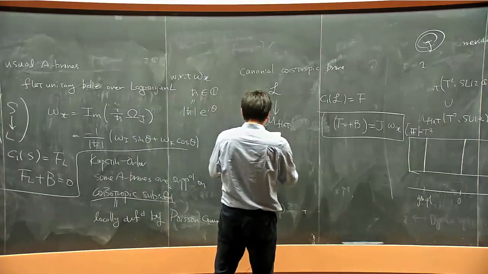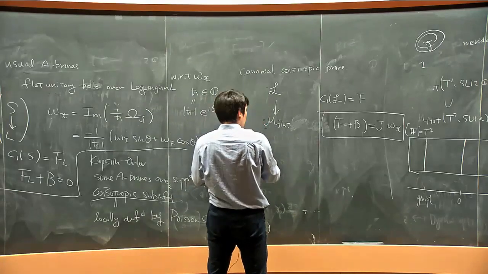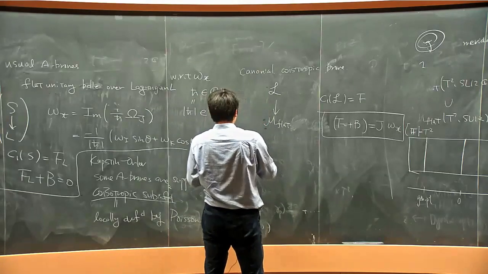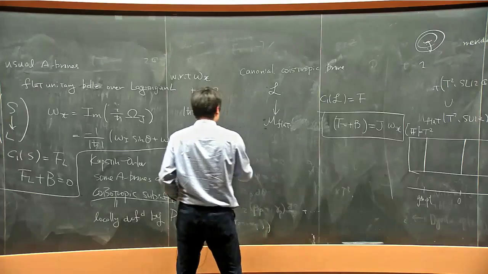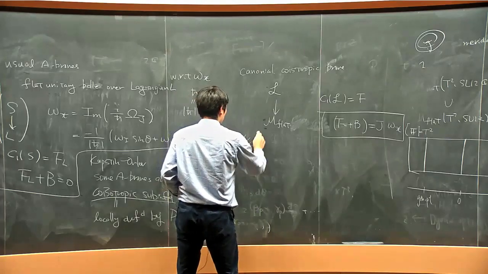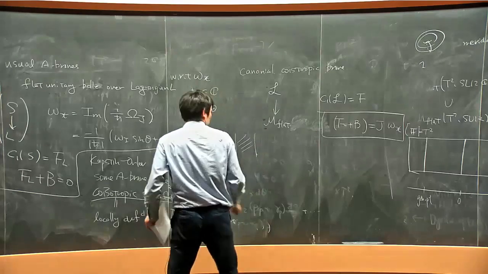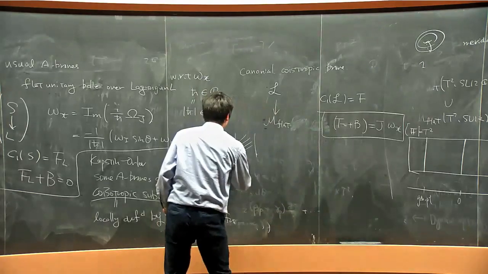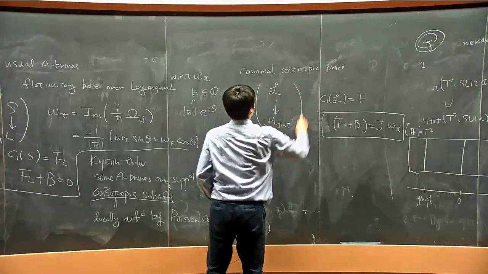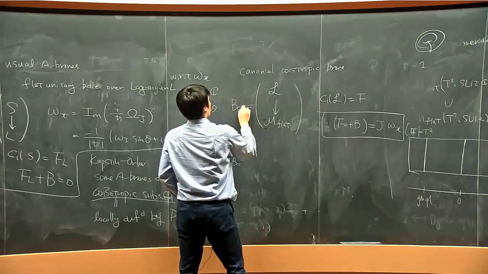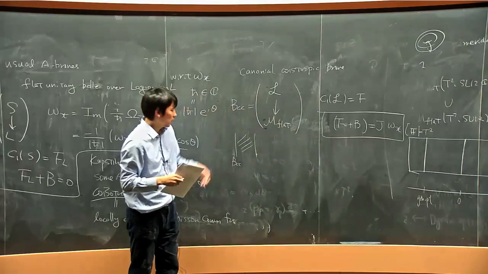And moreover, I call it B_cc, the canonical coisotropic brane.